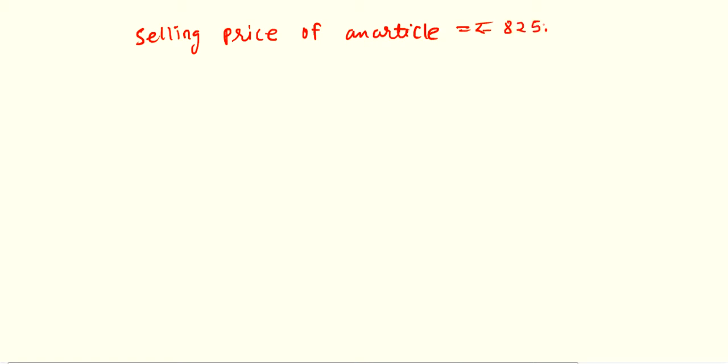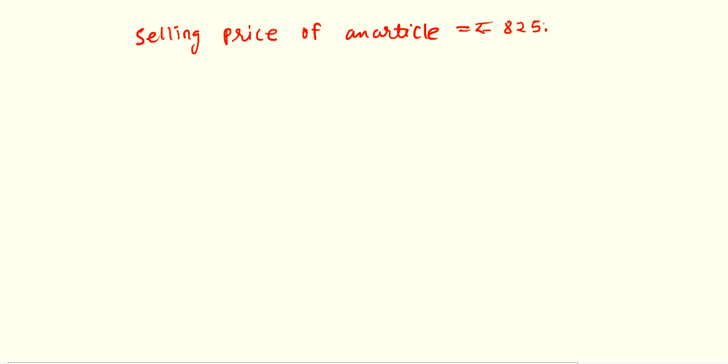9b, question number 10. By selling an article for rupees 825, so the selling price of an article equals rupees 825.